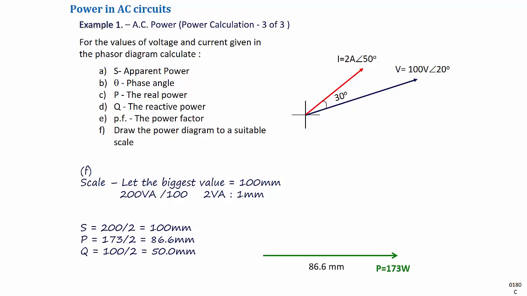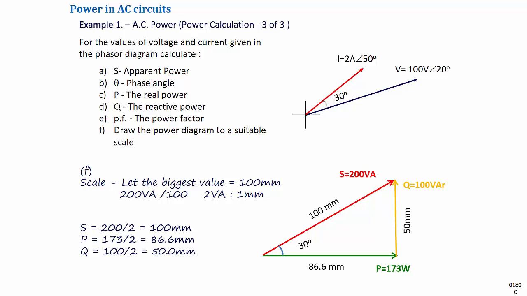The line representing real power P is drawn on the horizontal 86.6 millimeters long. Then the 50 millimeter line representing the reactive power Q is drawn vertically up, since this value is positive. Finally, a line is drawn from the start of the real power to the end of the reactive power, which represents the apparent power S.